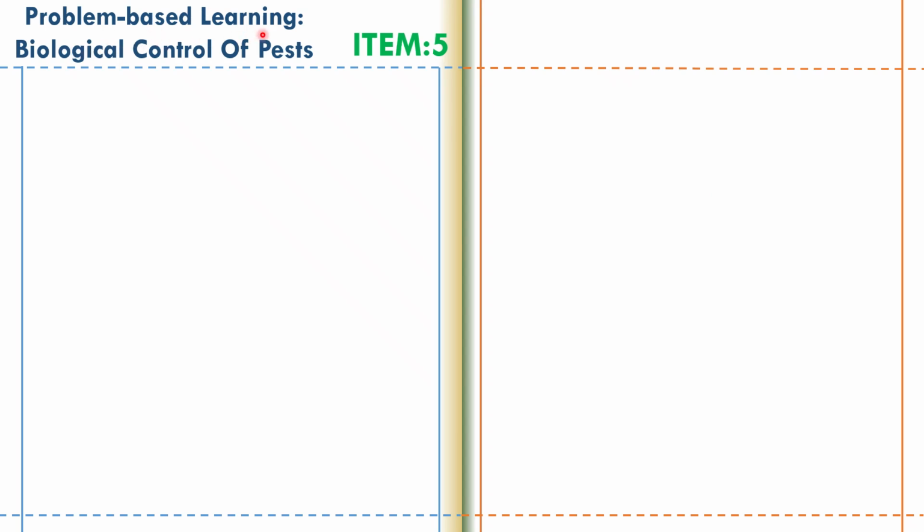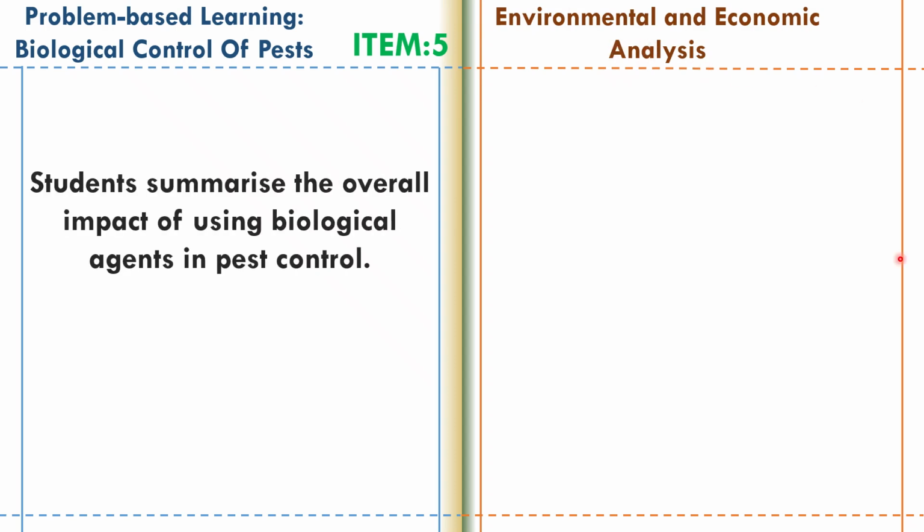Still under problem-based learning, still talking about biological control of pests, item 5. We are looking now on environmental and economic analysis. Students summarize the overall impact of using biological agents in pest control.